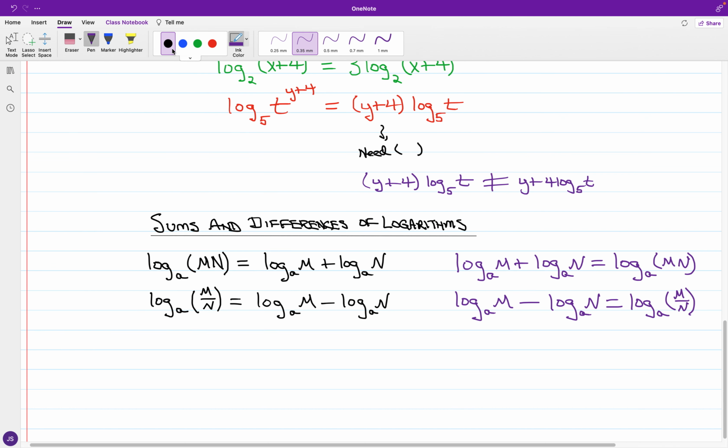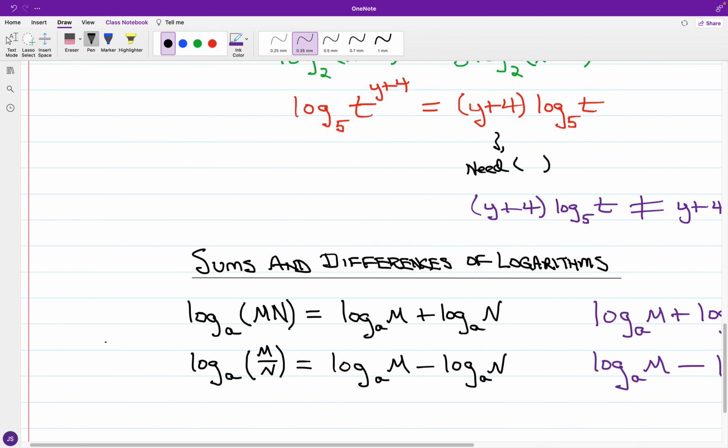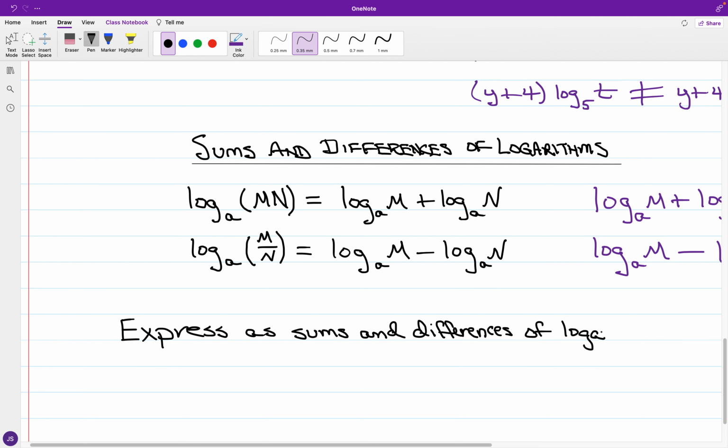All right. Now, let's say that with these properties, on the side of expanding, we're looking at some of our various logarithmic terms, and we are looking at expressing the sums and differences of logarithms while writing exponents as coefficients.